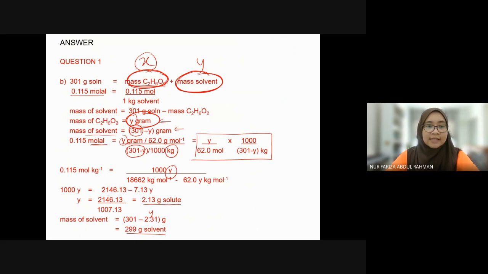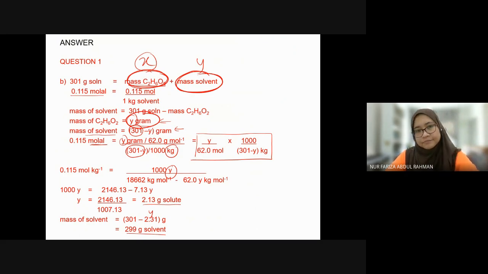So we said that the mass of solute is Y gram, therefore the mass of solvent can be related as 301, which is the solution, minus the solute. And then from there, insert this unknown into the formula of the molality itself.